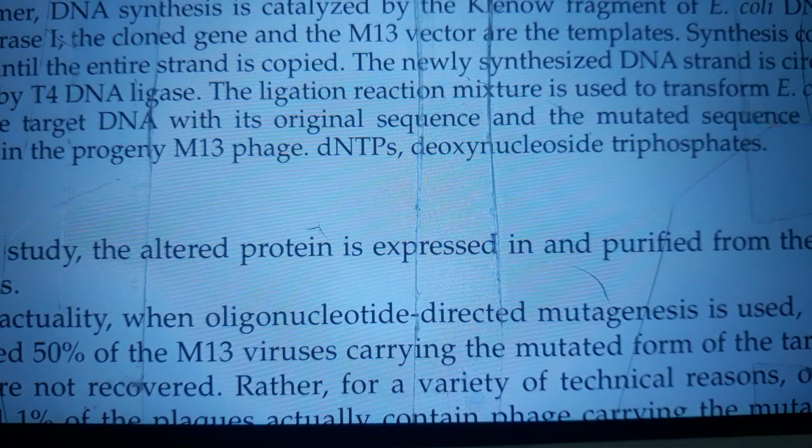DNA synthesis is catalyzed by the Klenow fragment of E. coli DNA polymerase I. The cloned gene and the M13 vector are the template. Synthesis continues until the entire strand is copied.